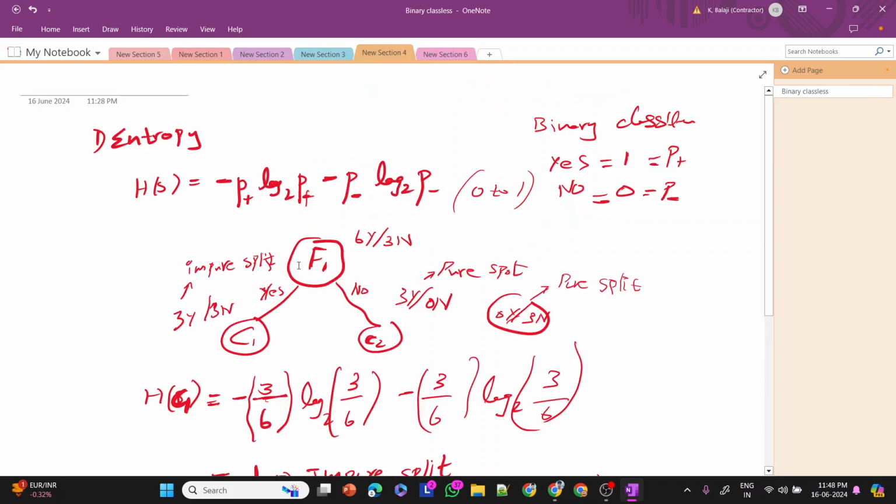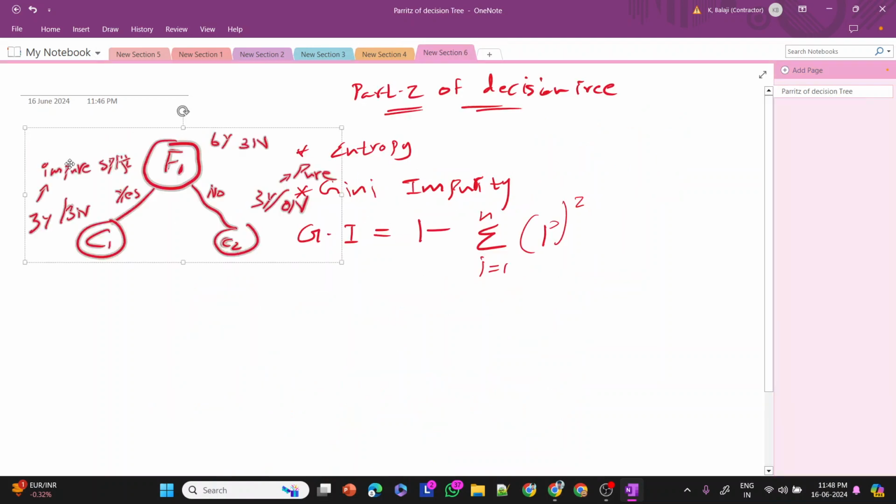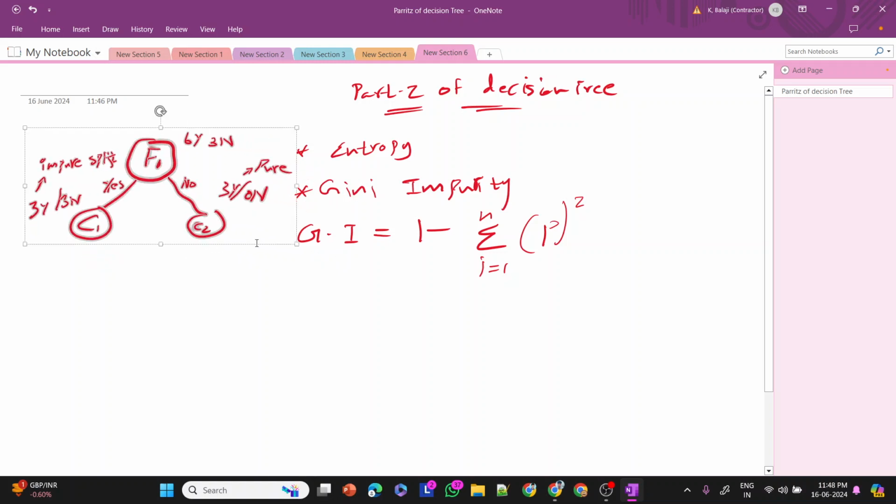Let's take this example, and we can apply Gini impurity for this tree.